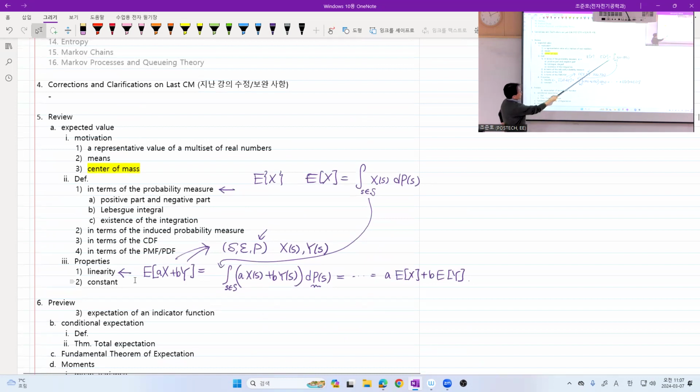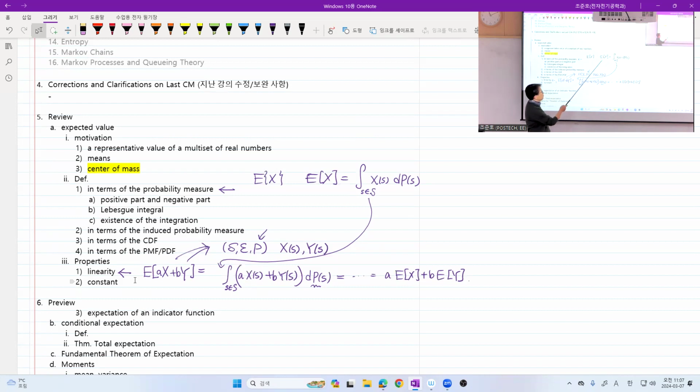So we just recalled our measure theoretic definition of the expectation of a random variable. Here, I emphasize two things which are quite different from our undergraduate calculus or probability course. First, this expectation is not guaranteed to exist.